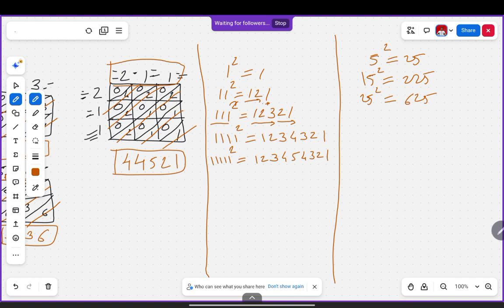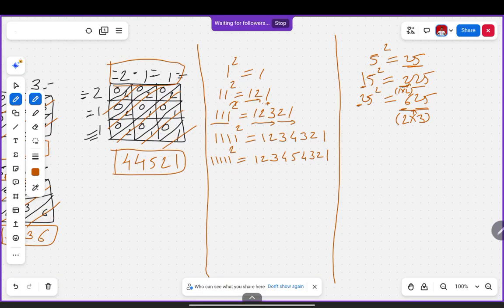The pattern, if you look here, is that for any number ending with 5, you just need to write 25 first, and the number preceding it is a multiplication with a peculiar property. See here, we got 6, which is 2 into the next number, 3. And for 15, the number is 1 and the next number is 2, so 1 into 2 is 2.